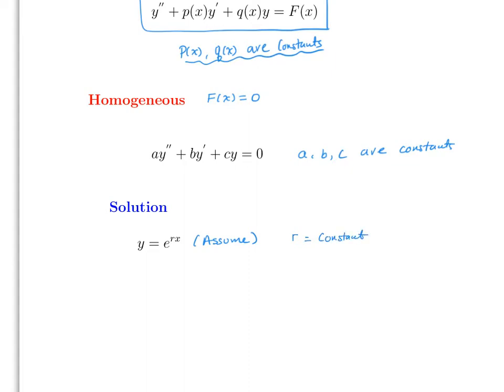Okay, so we'll assume the solution is of this form. Therefore, y prime will be r e to the rx, and y double prime will be r squared e to the rx.